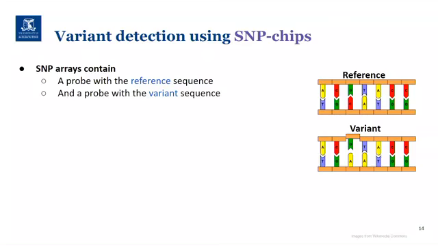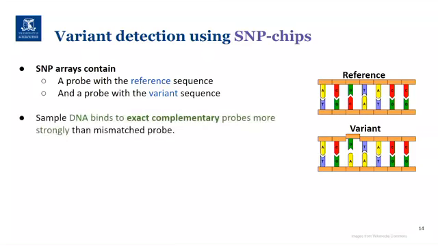We expect that sample DNA will bind exact complementary probes more strongly than mismatched ones. So the complementary bind with the reference will be stronger than the variant, and vice versa, so we'll be able to identify whether we are seeing a reference, a variant, or both of them.